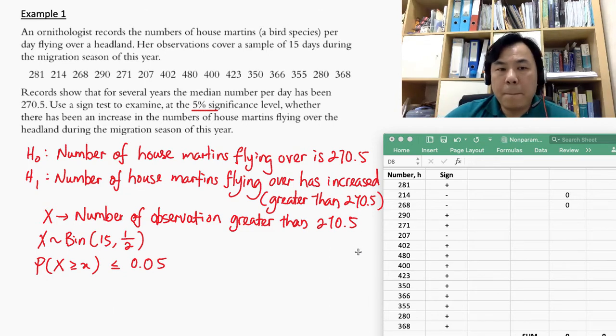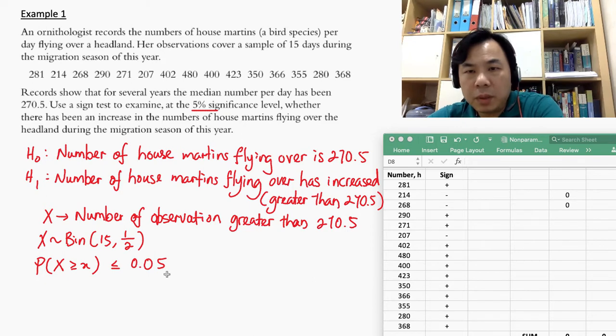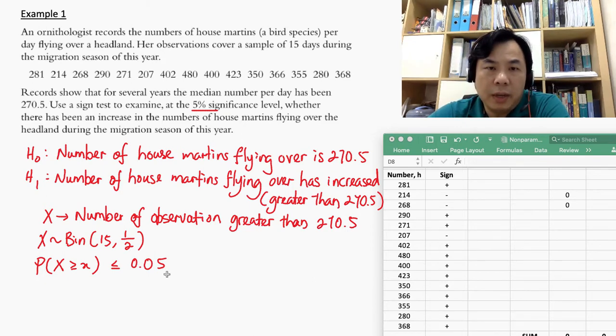All right. So we want to find out how many observations would be more than a critical value, and then the rejection zone will be 5% in this case, right?